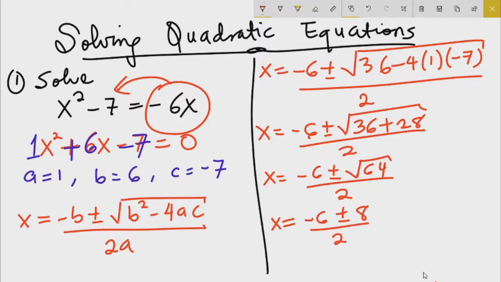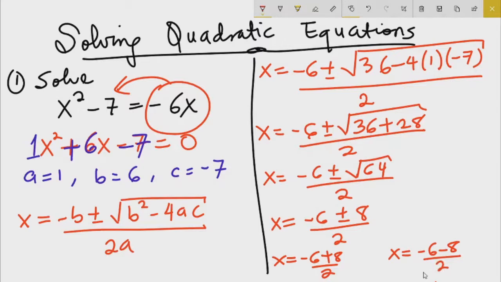The plus or minus tells you that in this case, when we solve for the value of x, we have two solutions. The first solution is x equals negative 6 plus 8 divided by 2. The second solution is x equals negative 6 minus 8 divided by 2.